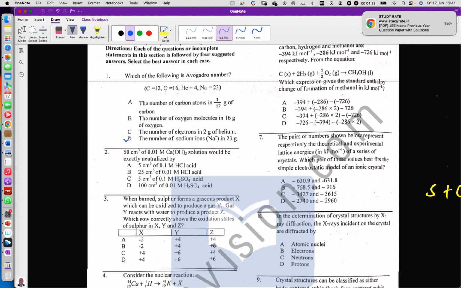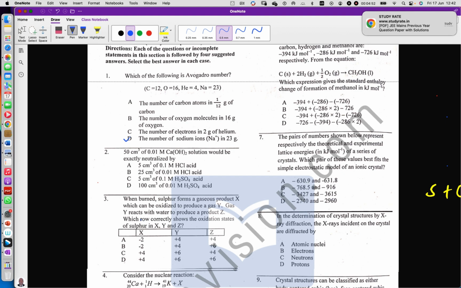Question number 2. 50 cm cube of 0.01 molar calcium hydroxide solution would be exactly neutralized by 5 cm cube of 0.01 molar hydrochloric acid. There's one thing here. You have been given 50 cm cube, the volume of the hydroxide, and the concentration of the hydroxide.